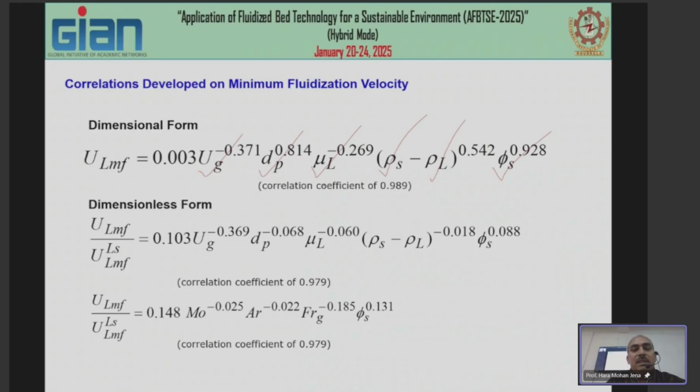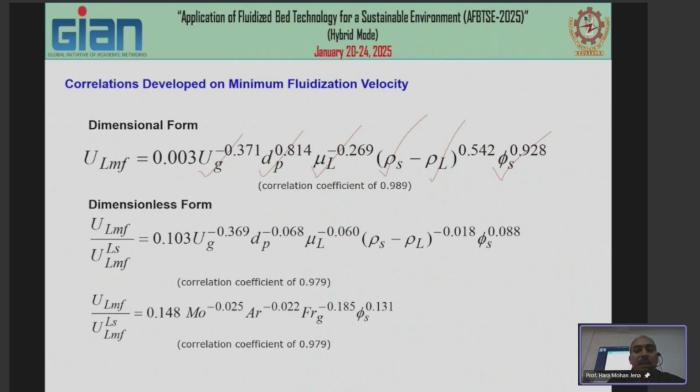Using this correlation, if you have the gas velocity, particle size, liquid viscosity, solid phase density, liquid density, and the shape factor, you can determine the liquid minimum fluidization velocity required to make the particles fluidized.